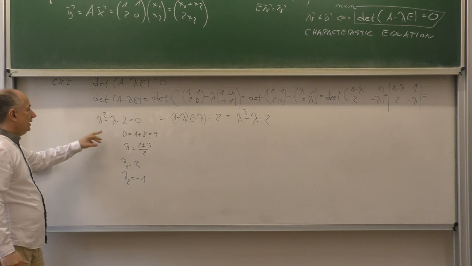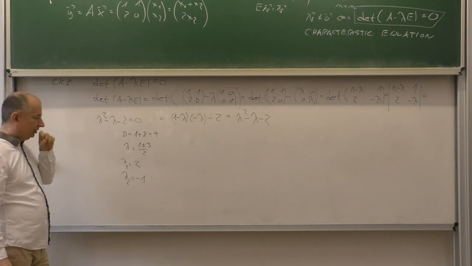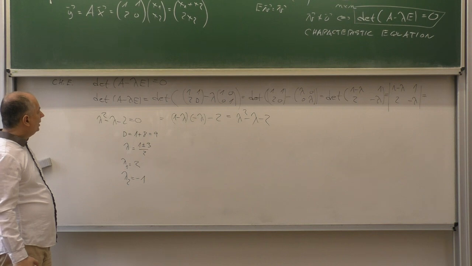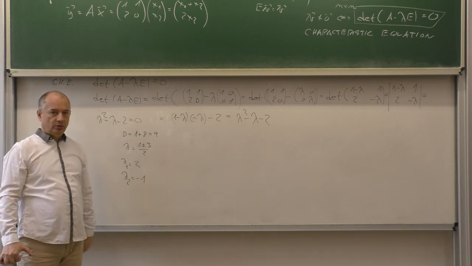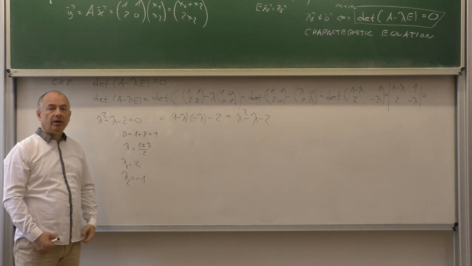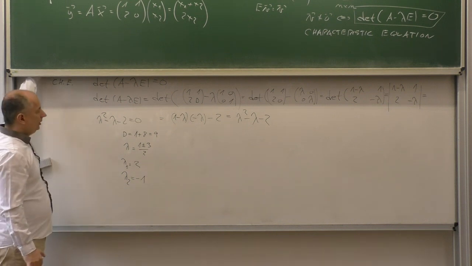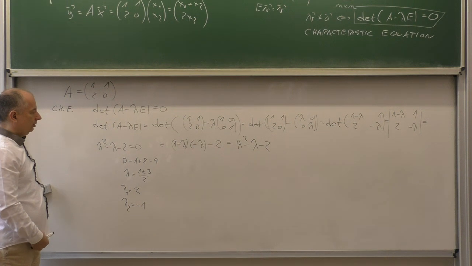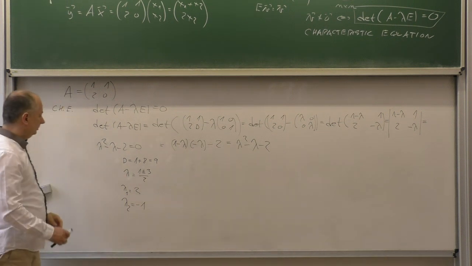It may happen that the root is double root. We will not discuss this case. And it may happen that the quadratic equation has no real solution and there are only complex roots. This may happen. But for today we will consider only these cases where we have 2 real distinct roots.